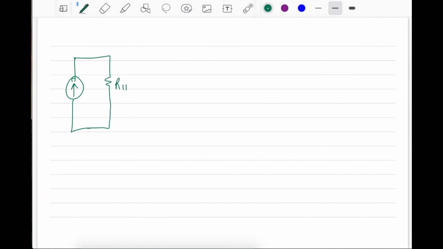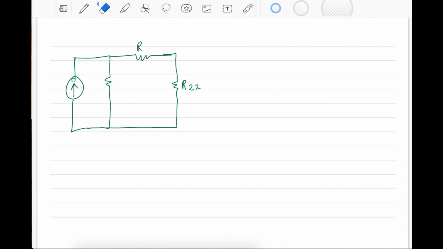Yes. So let me draw the current source. This we have already seen. So let us do some experiments here in this circuit and see what difference we can get once we change the circuit. Actually, that's what I am trying to do now.